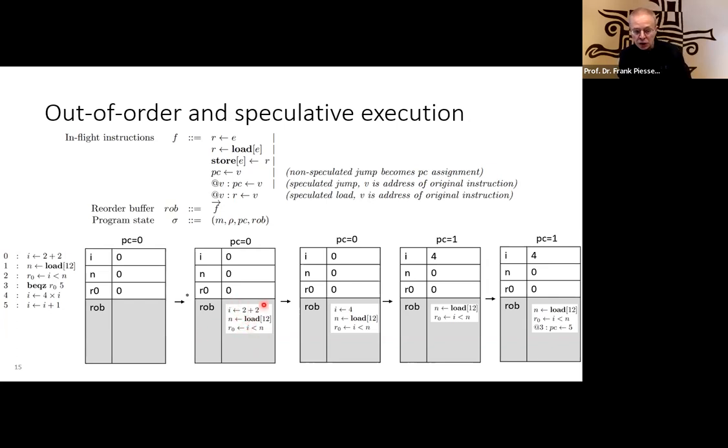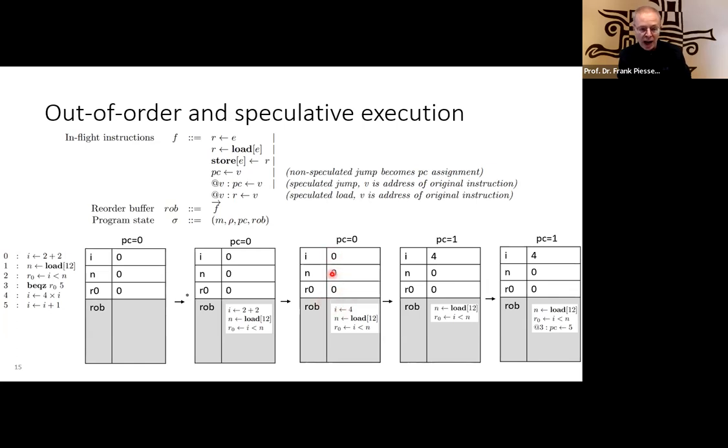Then once these instructions are in the reorder buffer, the processor can execute them in any order that makes sense, right? For instance, it could execute this one or this one. And for this particular execution, I've chosen to execute the first instruction. Important to note here is that when we execute instructions in the reorder buffer, the results stay in the reorder buffer. They're not yet visible at the architectural level.